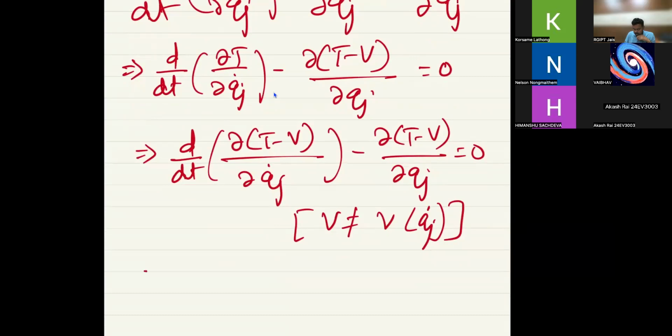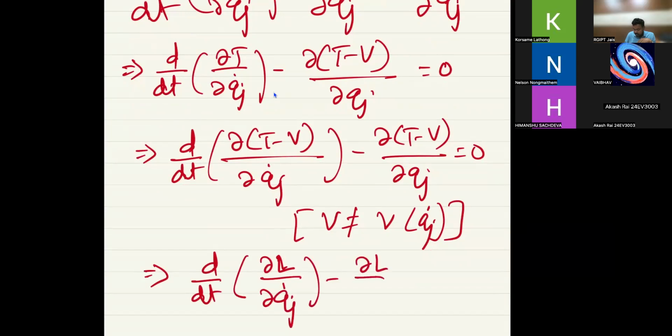And then we can write d dt of del L del Qj dot minus del L del Qj, equal to 0. This is Lagrange's equation of motion. This is the important formula.